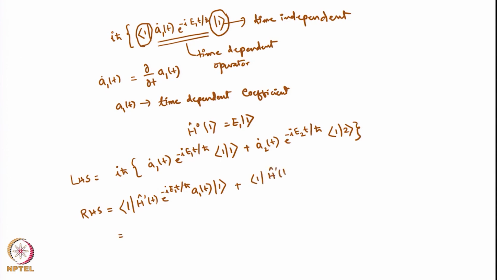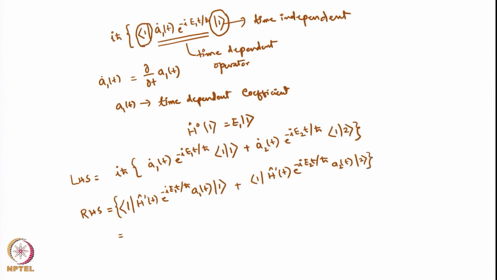The other term we had was ⟨ψ1|H prime of t e to the power of minus iE2t by ħ A2 of t|ψ2⟩. So that was your RHS.